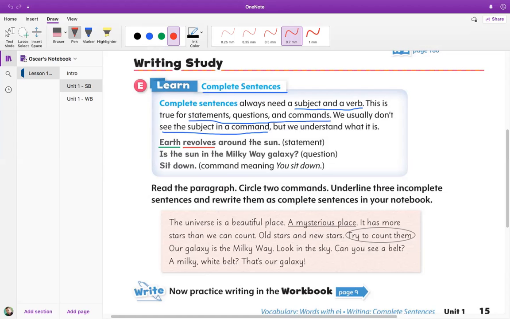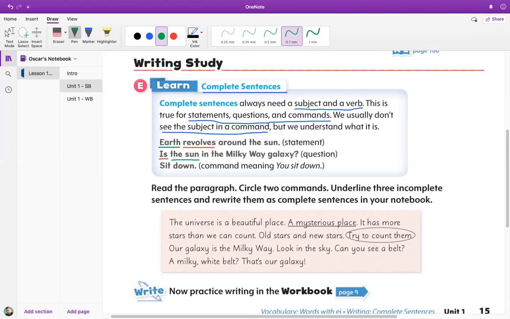Let's see the question. Is the sun in the Milky Way galaxy? Since it is a question, we begin with the verb, is, and then we have our subject, the sun. So this is a complete sentence as well, because we find the verb and the subject.